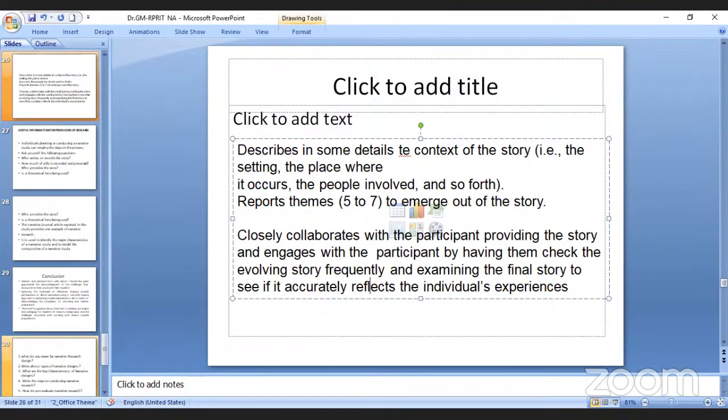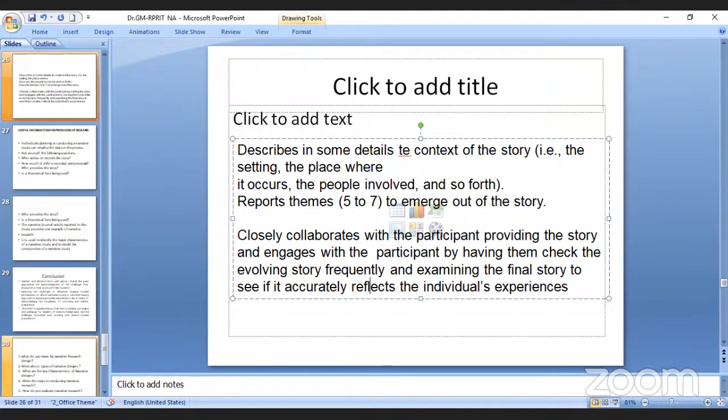As a researcher, you have to closely collaborate with the participant.